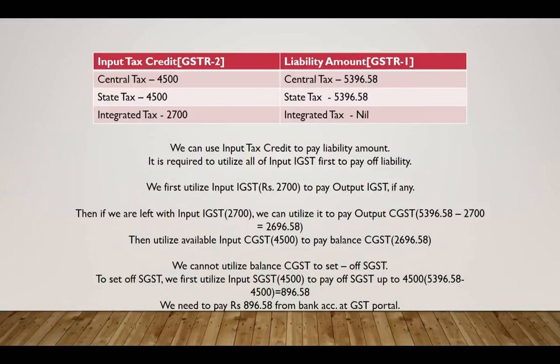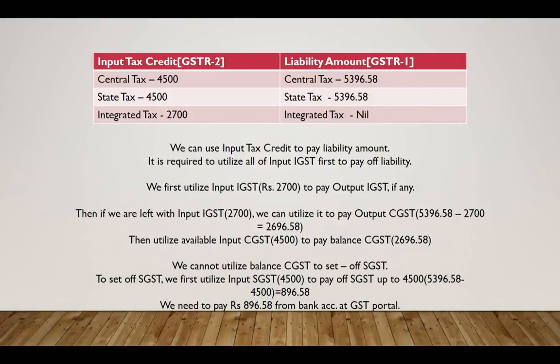Now we will set off liability CGST to the extent of available input IGST of rupees 2,700. After paying off with the available IGST of 2,700 rupees, we are still left with balance liability of 2,696 rupees.